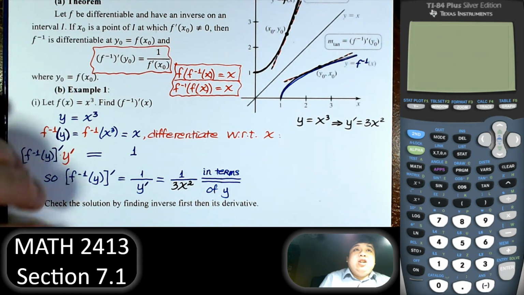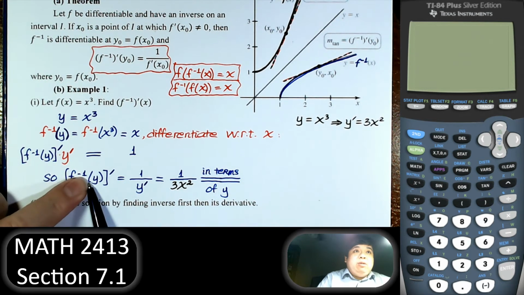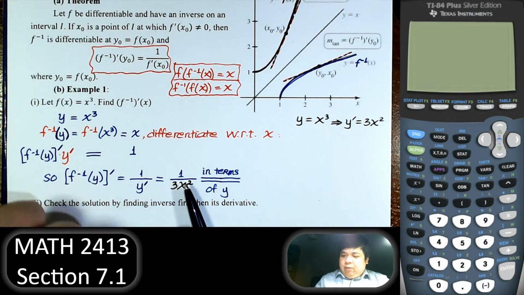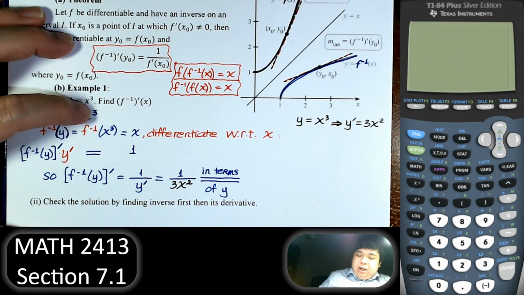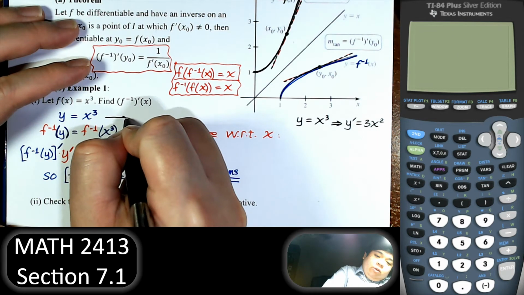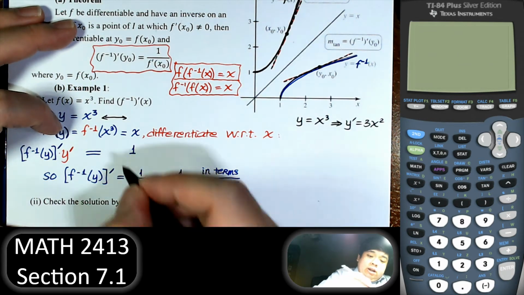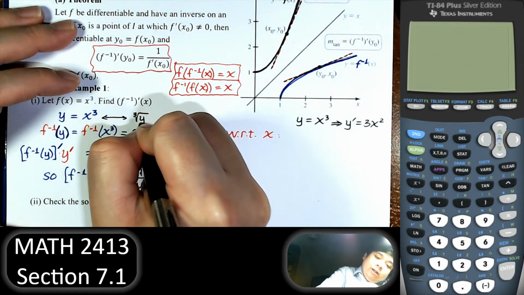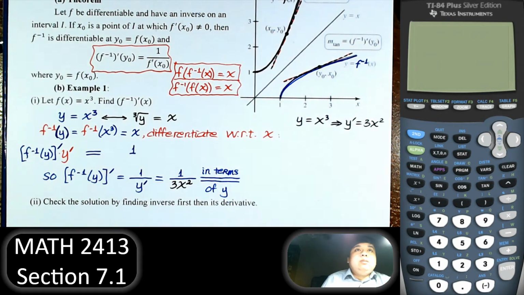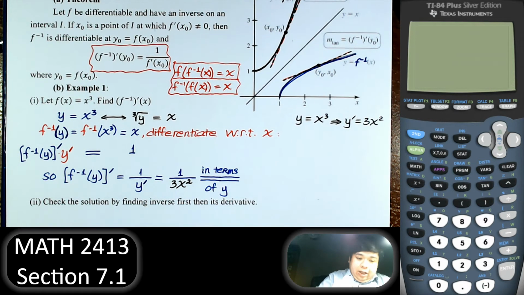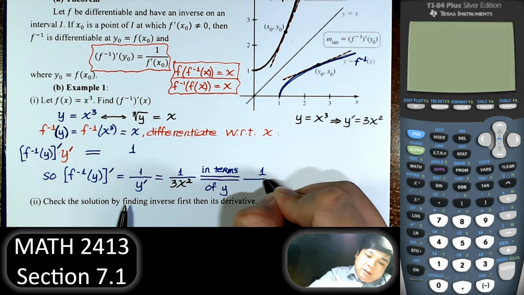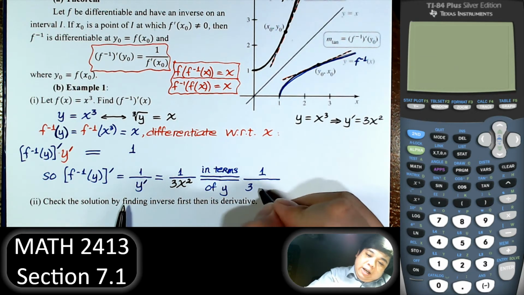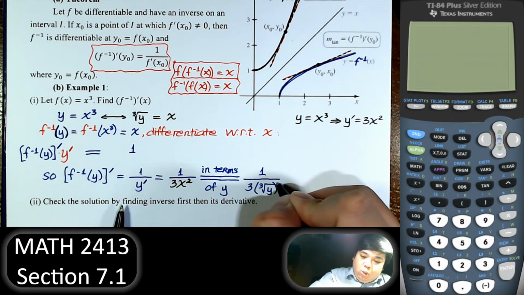We have to write the answer in terms of y, because we cannot have y end up with something in x. Now, if y equals x cubed, then we can solve for x. That will be the cube root of y is equal to x. So we can substitute that in here. 3, and then we have the cube root of y squared.